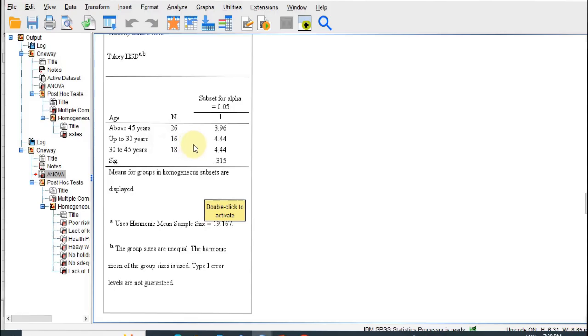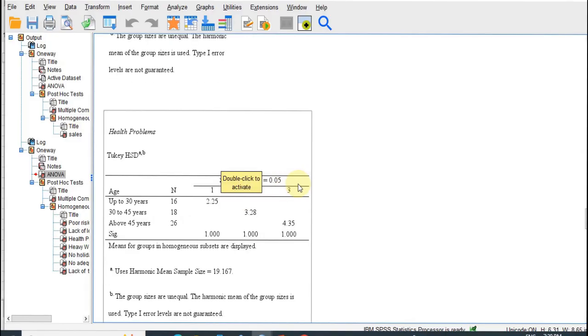For the second variable we don't have any significant difference, that's why it is not grouped. For the third variable we got significant difference, and health problem differs among all the groups. So in this way we can understand the use of the Tukey test.